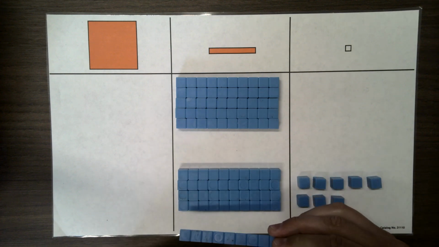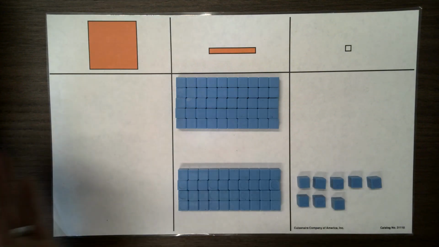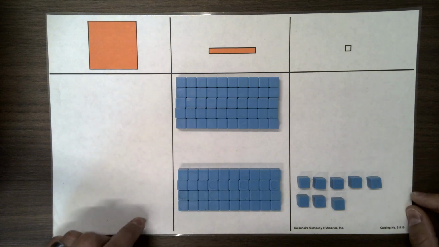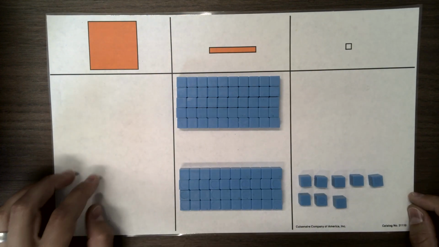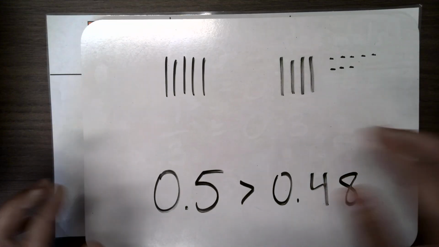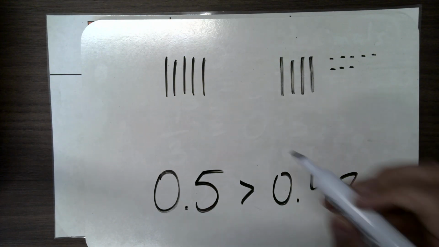So we'll always be short. It doesn't matter what parts we have over here. So we don't even need to get past that tenths place here, and we know that our 5/10 is greater than 48/100.